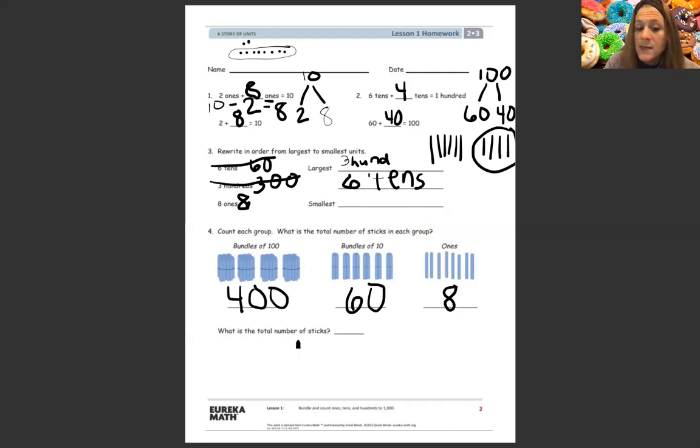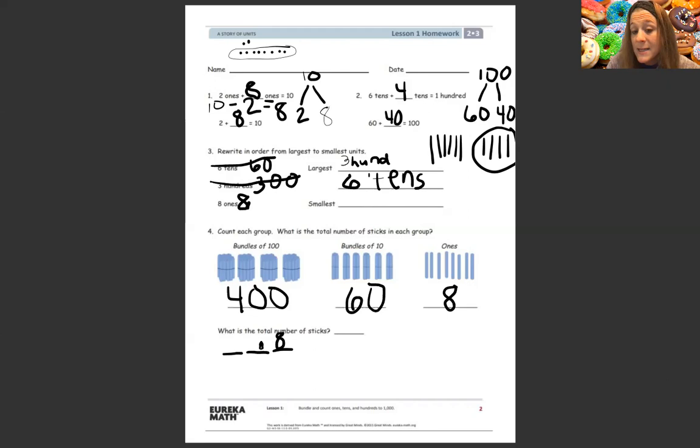Okay. So what is the total number of sticks? So it wants us to add 400 plus 60 plus 8. Now, there's a couple different ways again that we can do this. There's a number in the ones, we know that. Then we can do how many are in the tens, and then how many are in the hundreds. Okay, so how many ones are there? There are 8 ones. Good.